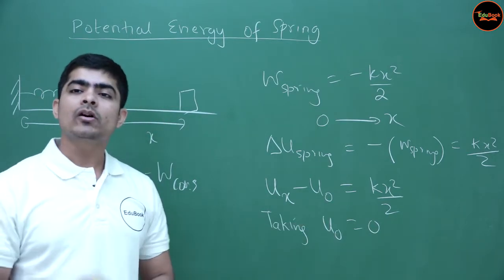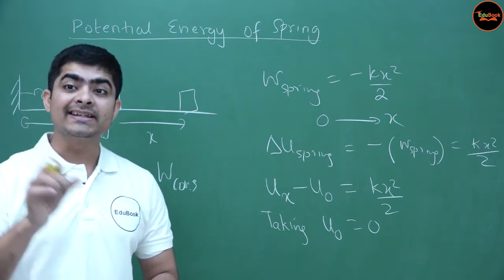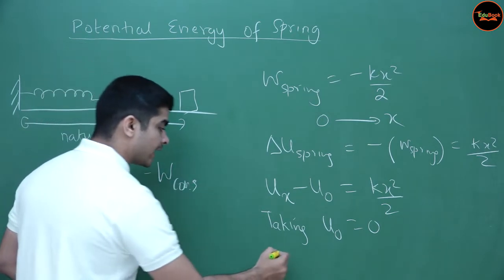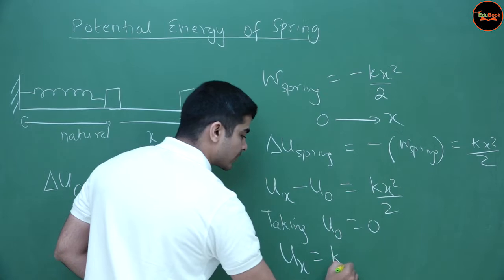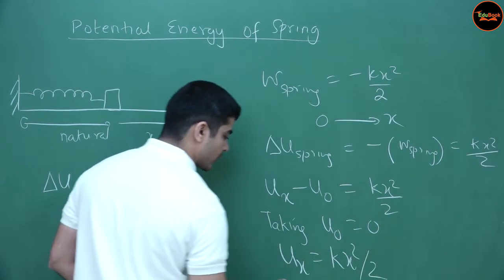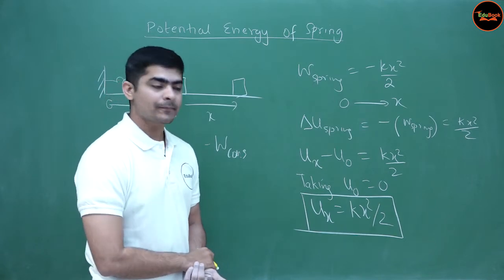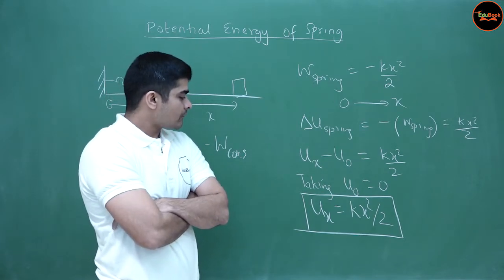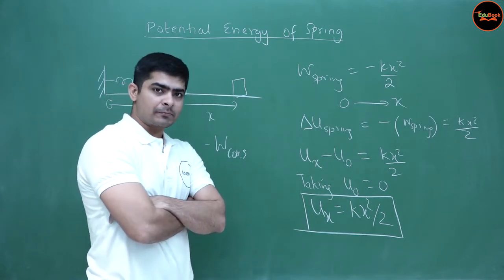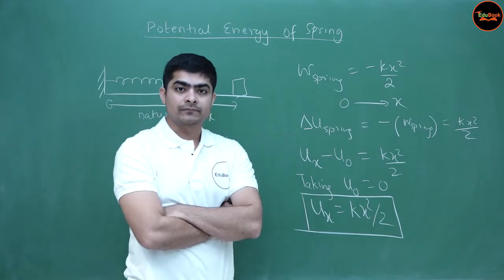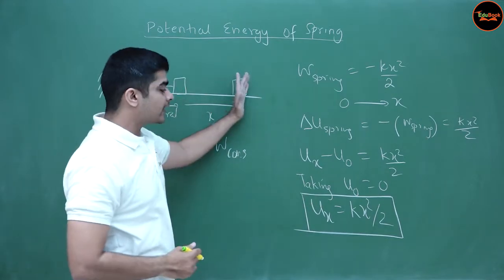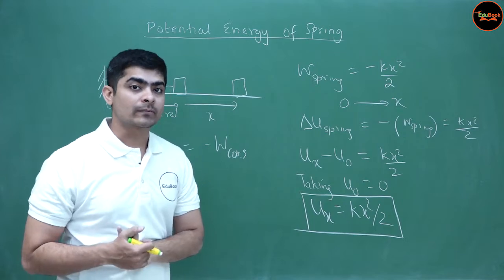Why? Because this makes our formula easier. So we will get Ux equal to kx square by 2. This is the potential energy. So we have found the potential energy of a spring where x is elongation, correct? So if the spring is elongated, then potential energy is kx square by 2.